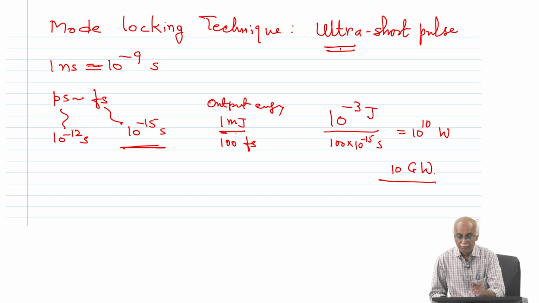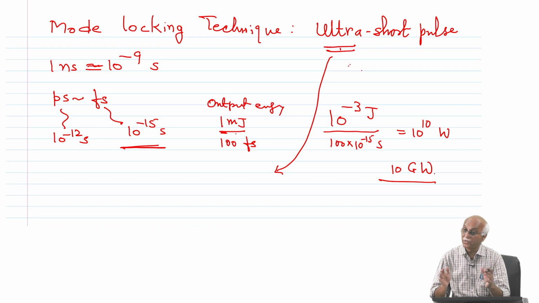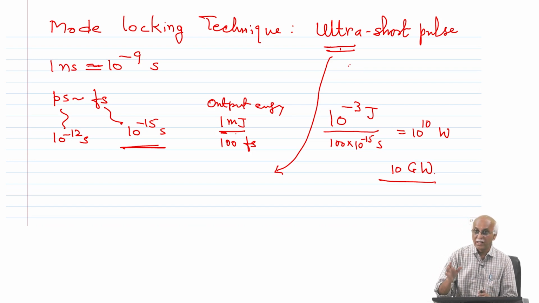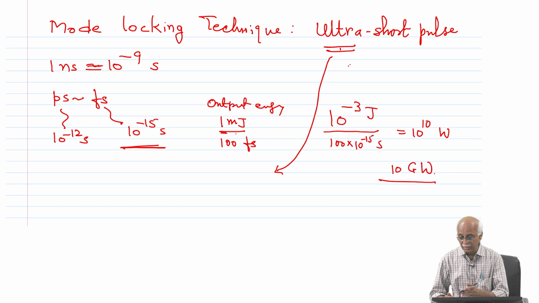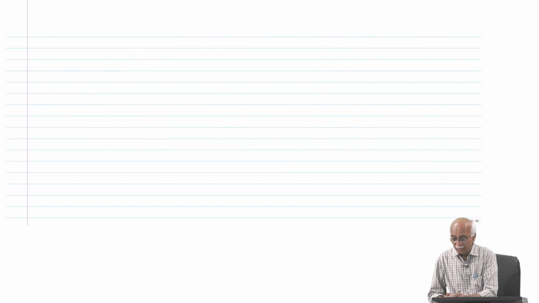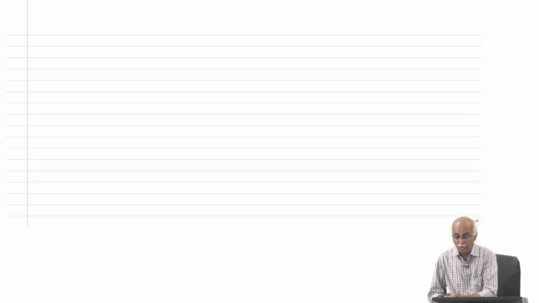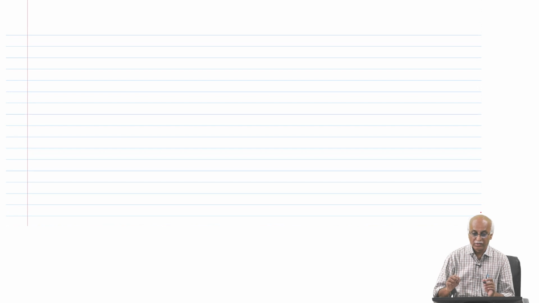Now, coming back to our understanding about how to generate such ultra short pulse laser, right. Q switching has a limitation that it cannot allow shorter than nanosecond, because the operating system is such that, okay, and it is very difficult to operate with a very short Q switching duration, etc., right.